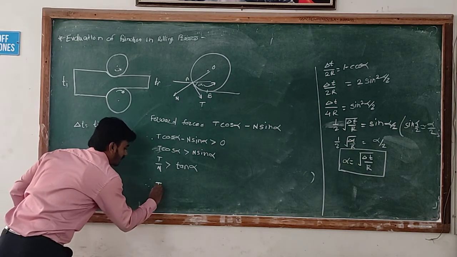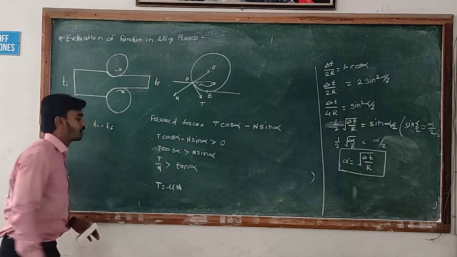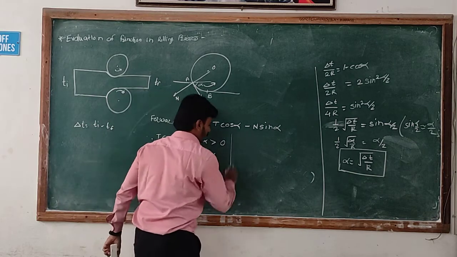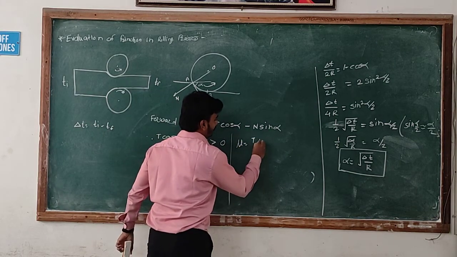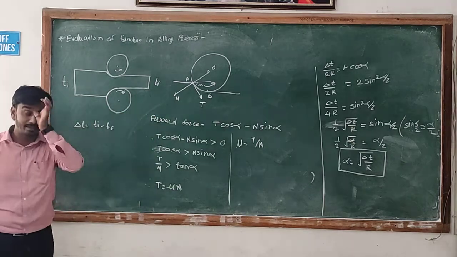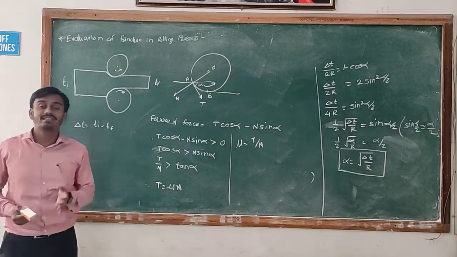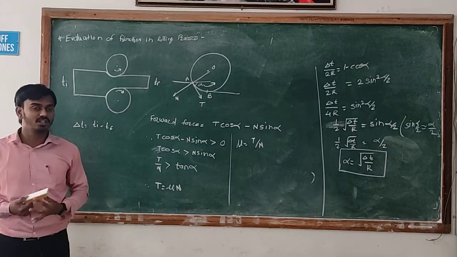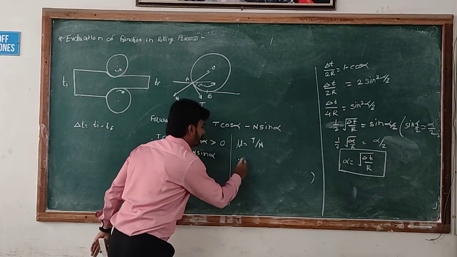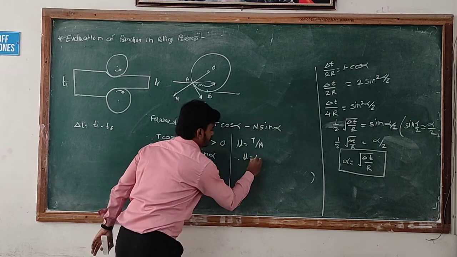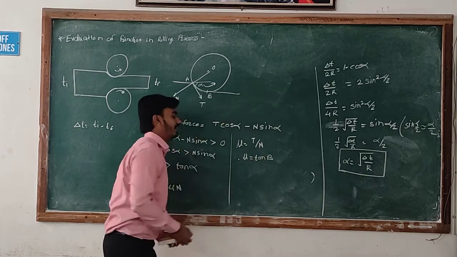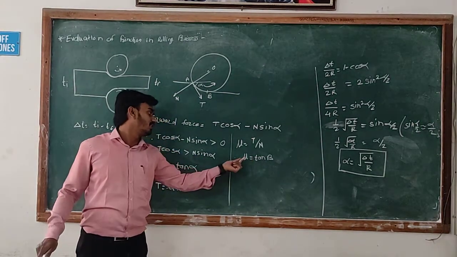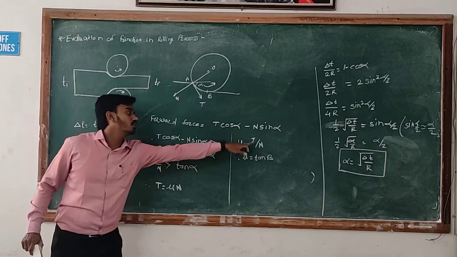Therefore, we can write T is equal to mu into N, so mu is equal to T divided by N, where mu is the coefficient of friction. We also have the formula that mu is equal to tan of beta, where beta is the angle of friction, and from this equation mu is equal to T divided by N.